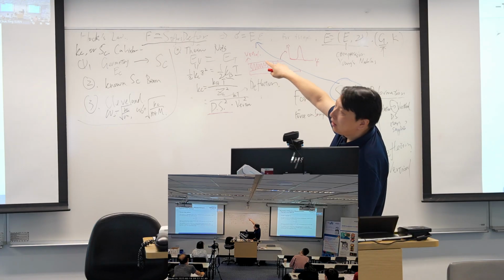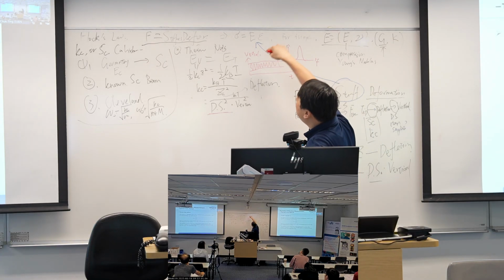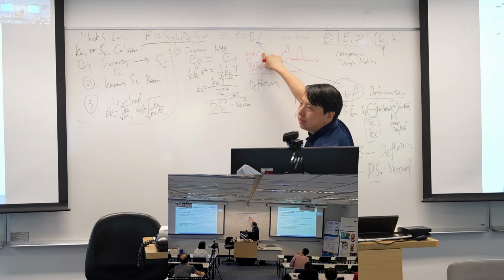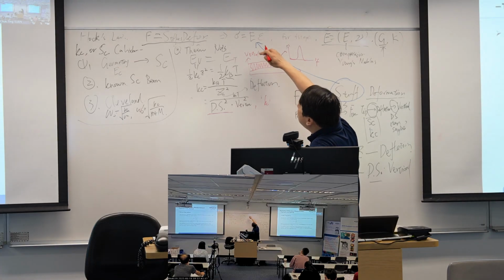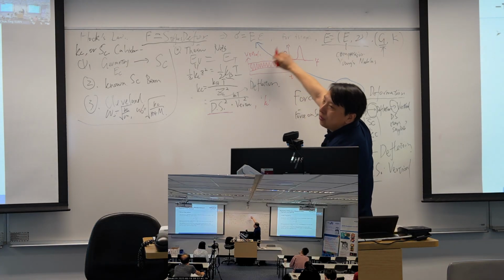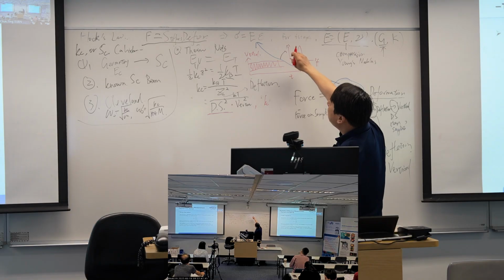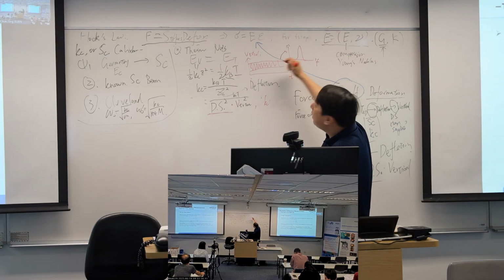But for this method, we are required to monitor the vertical change. If our Kc is quite large, the signal of this curve will be quite small.